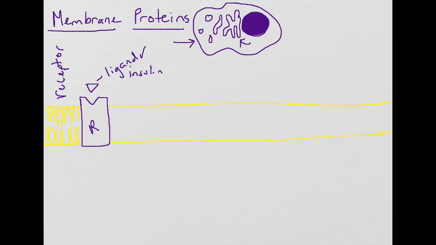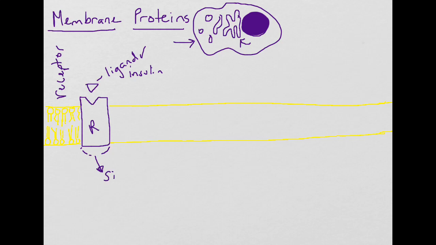When insulin binds to its receptor, a shape change occurs in the membrane protein. Remember, with proteins, it's all about conformation, so when that binds, the amino acids are tweaked in such a way as to change the shape. And then that will set off a cascade of reactions inside of the cell.